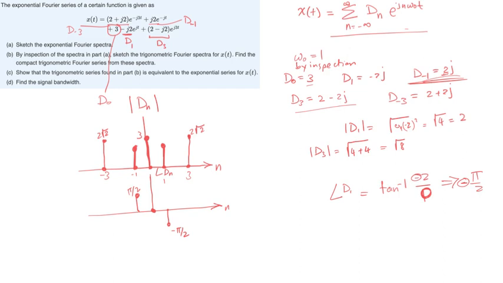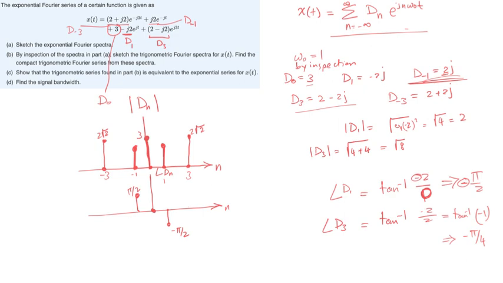So the angle of D3 is equal to tan minus 1 of imaginary over the real, so minus 2 over 2, and that's tan minus 1 of minus 1. Again, you have a negative imaginary and a positive real, so that's minus 45 degrees. That's minus pi over 4.